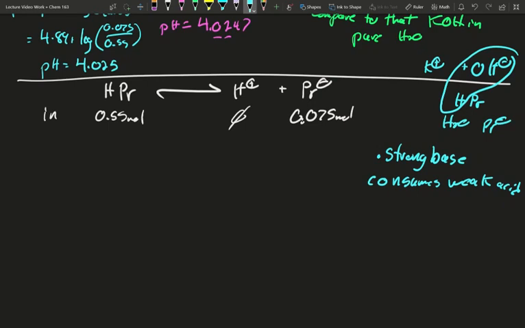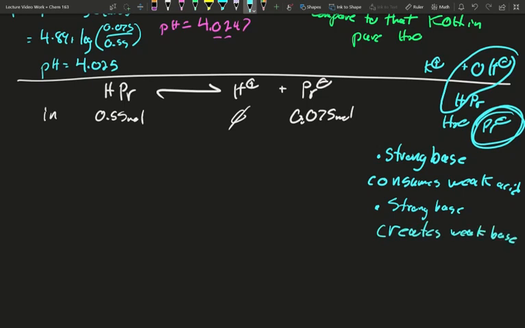The hydroxide's a strong base, it's going to accept that proton. So the weak acid gets destroyed. But what's left over after it donates that proton? Weak base is created. So strong base creates weak base. It's just the opposite of what happened with the strong acid.